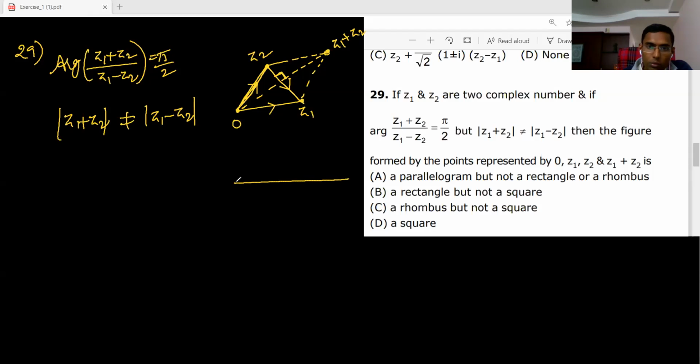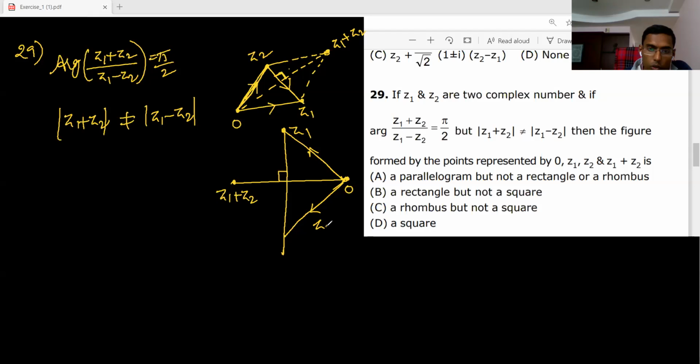Again I am drawing the diagram. Consider this is O, and this is Z1 plus Z2. Now here perpendicular, this I am considering as Z1 minus Z2. This is perpendicular, that is the reason. This is Z1 and this is Z2.